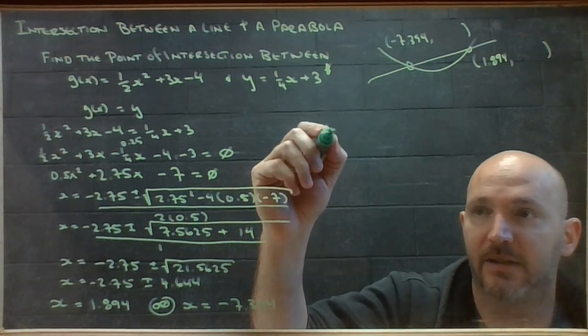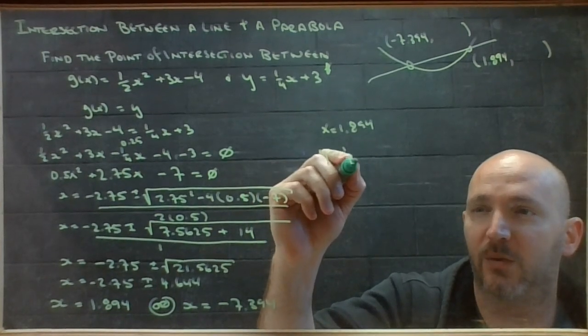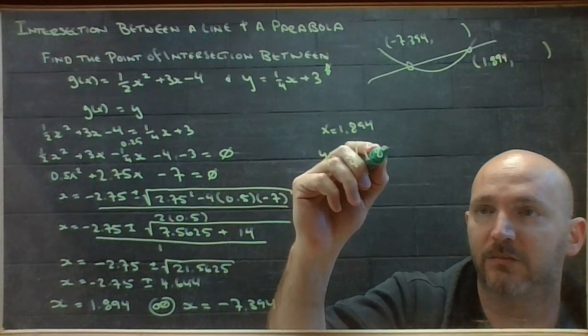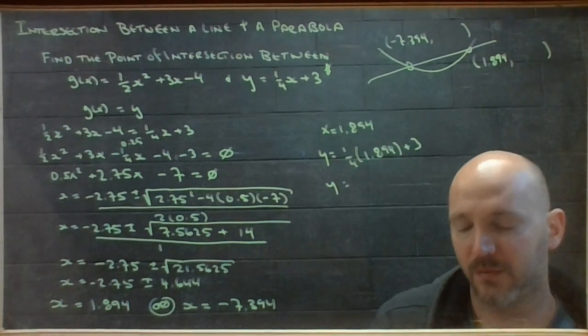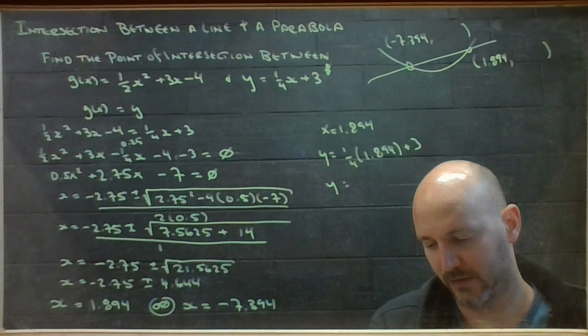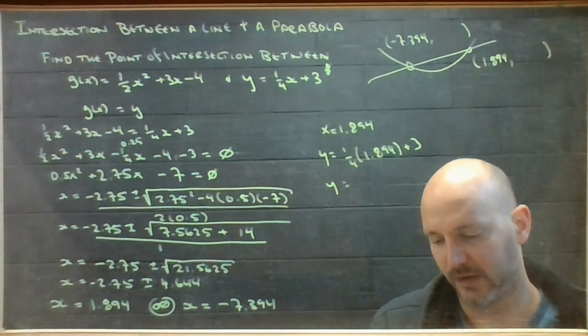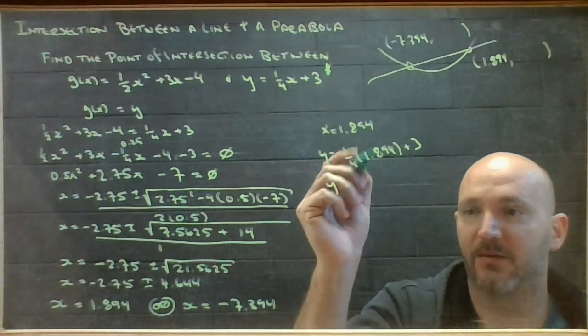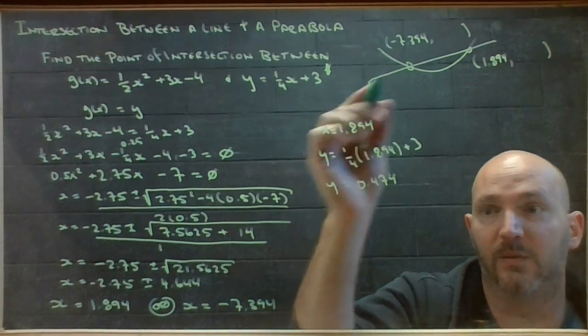So when x is 1.894, y is 1/4 of that, plus 3. So 1.894 times 1 divided by 4 gives me 0.474.